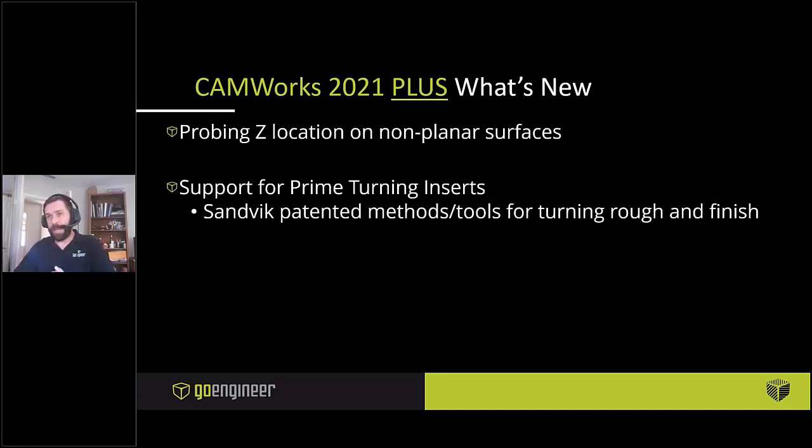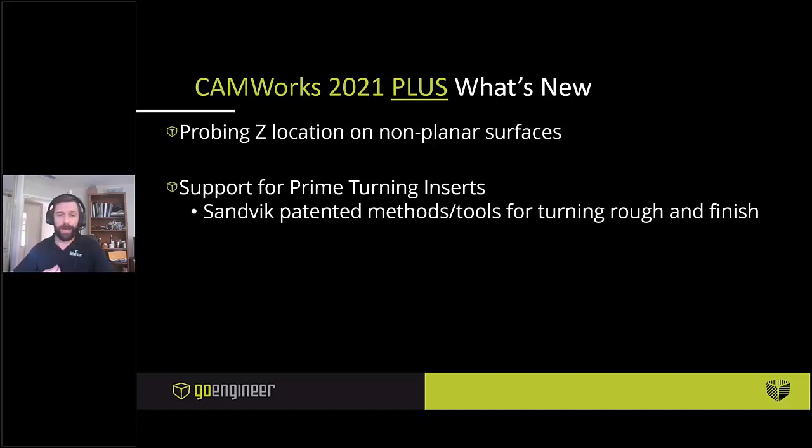And there's also a great enhancement to the turn side of things. In the last version release, 2021, they added some support for Harvey tool manufacturers, being able to import some of their tools automatically and really get that into the tool cribs and going on your programming real quick. They're doing something very similar with Sandvik turning inserts.